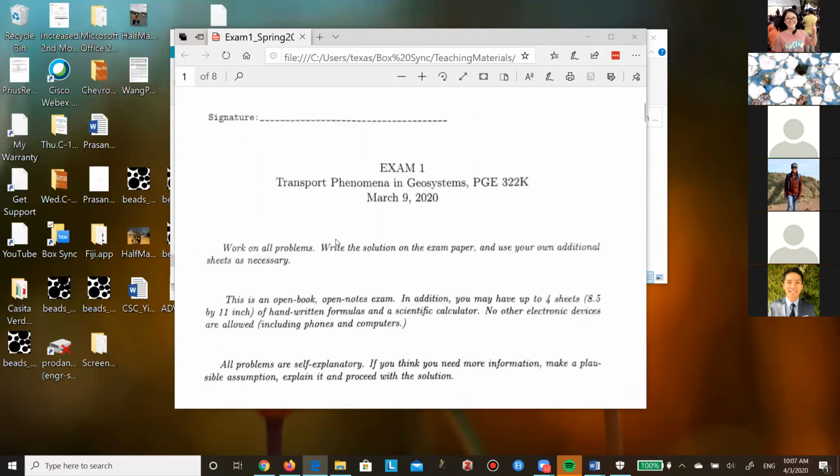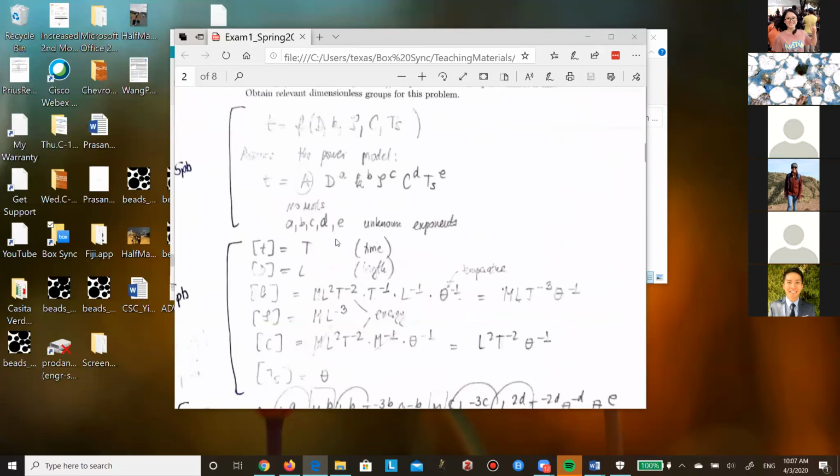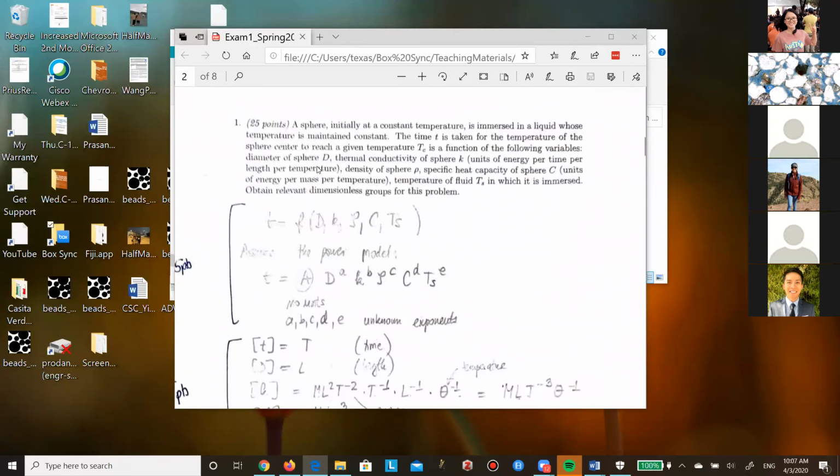So let me just quickly go over the solution. There were 70 points. The first problem was dimensional analysis, 25 points, and basically the time t taken for the temperature of the sphere center to reach a given critical temperature Tc is a function of a number of variables.